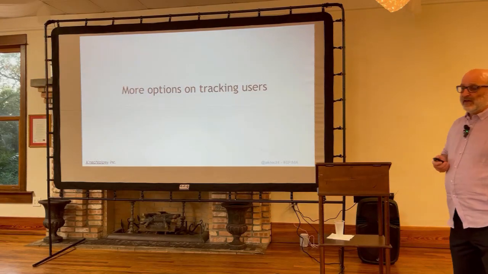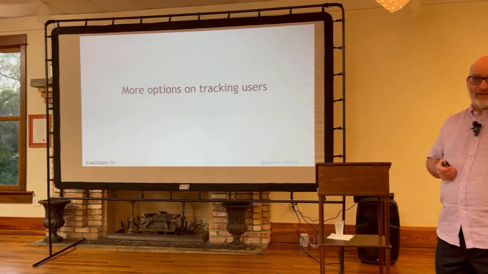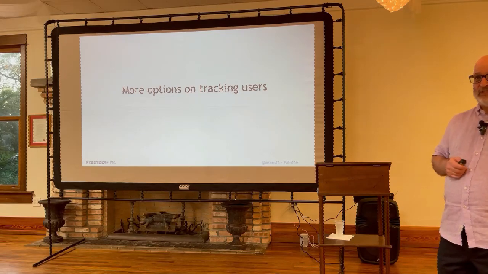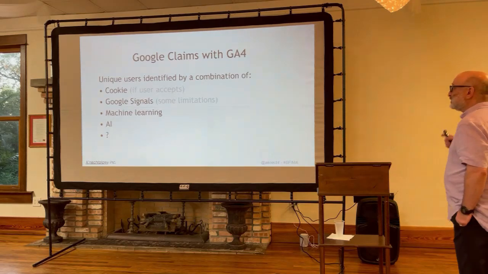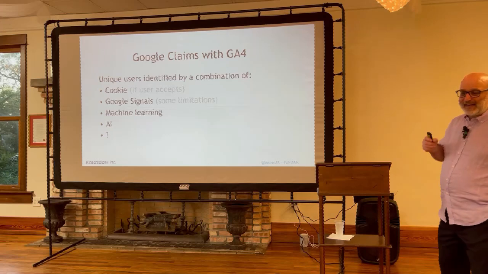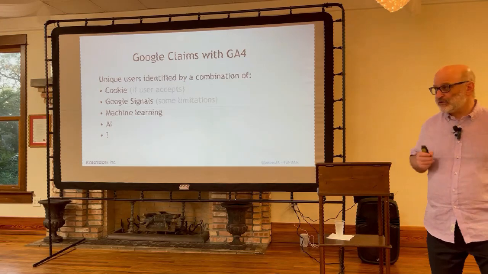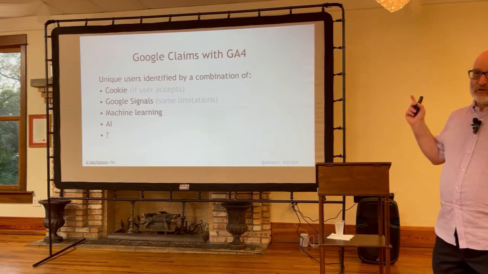So here are the options, and you're going to be loving this one because I love how Google hides things that are important with these show more. Where we go. So Google claims now with GA4, out of their default, how do I identify individual users? These are the factors. The standard cookie, if the user accepts it.